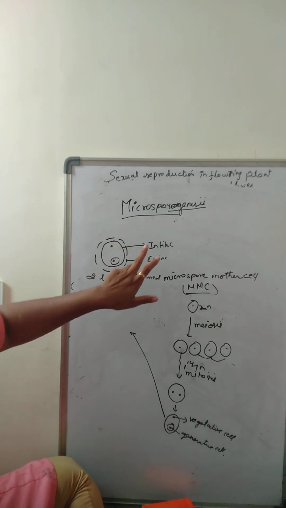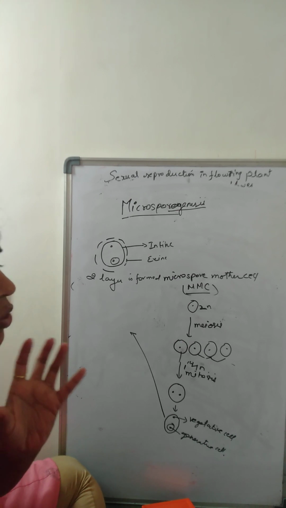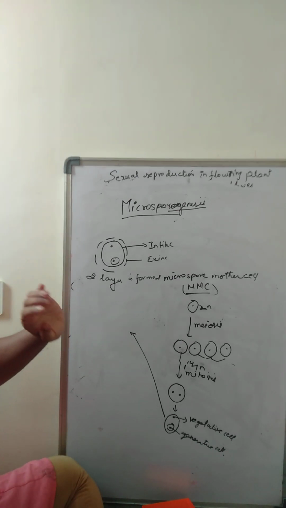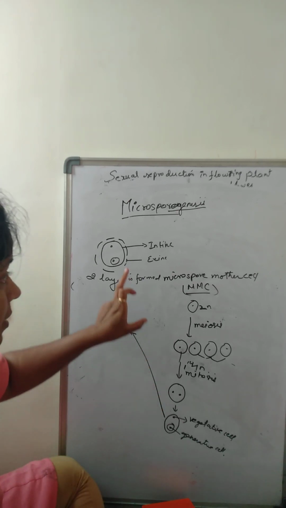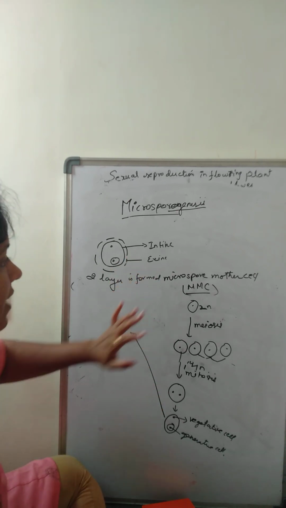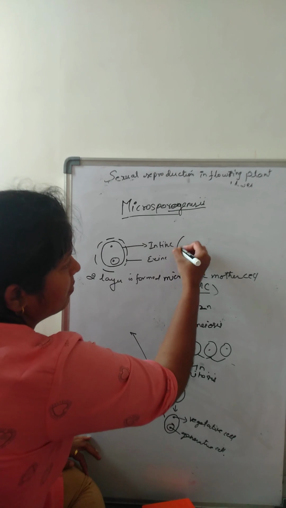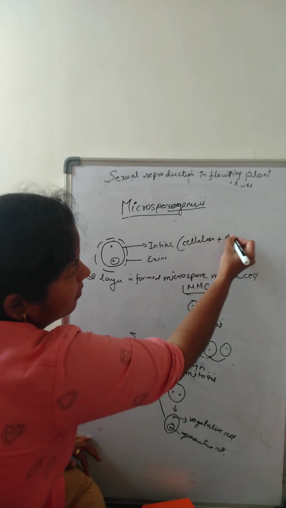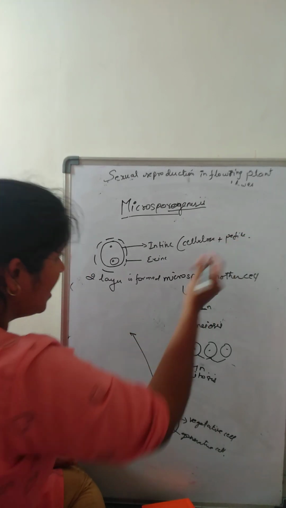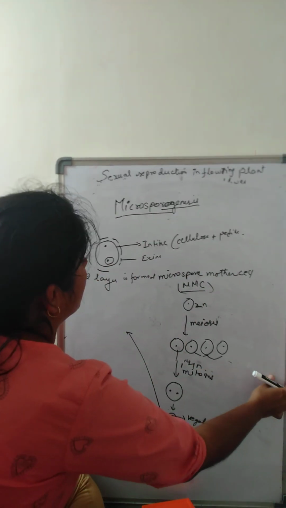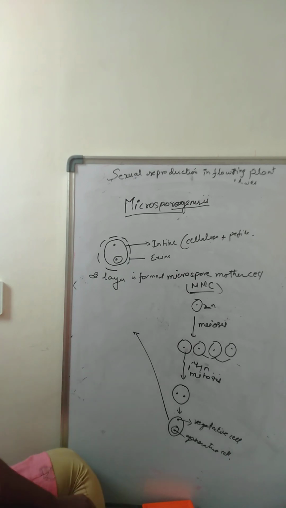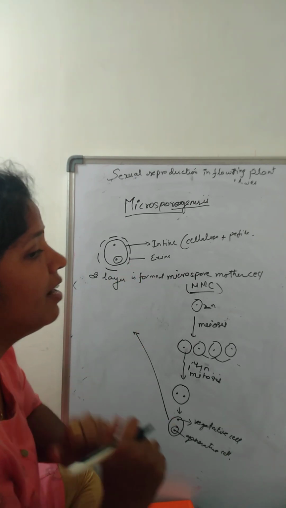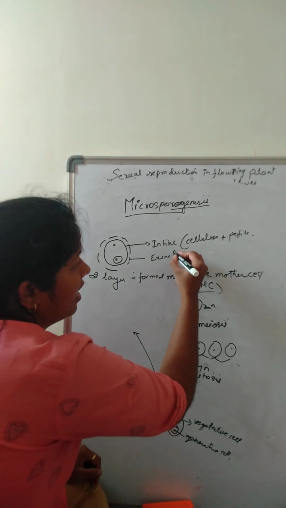You know what happens? Intine is very soft, made up of cellulose and pectin. Okay, it is very soft. Now you see exine. Exine is very hard. Why is it very hard?